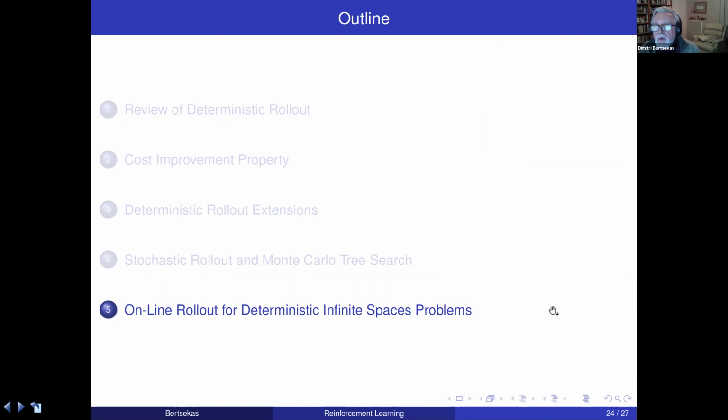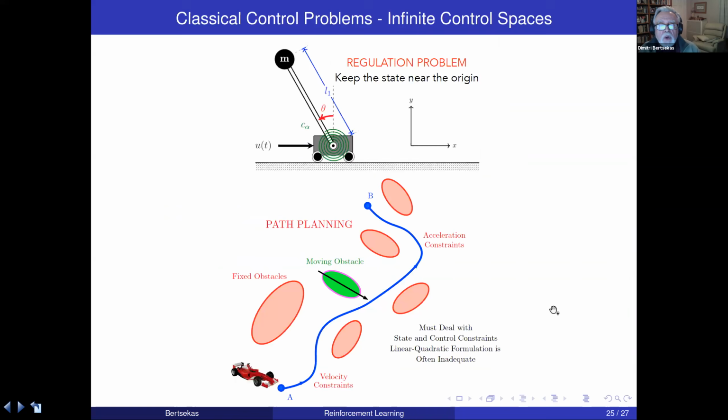And these are the kind of problems that arise in control theory, control applications. In the classical control problems, the control spaces and the state spaces are continuous, typically vectors in Euclidean space, and they evolve according to a discrete time equation or a continuous time equation.